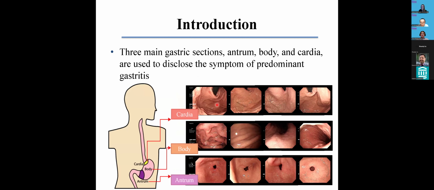Taking a closer look at these 3 parts, you can see that the capture direction of the camera will be different. That is, the viewing angle will be different for different patients, especially in the body part. You can see different kinds of body parts shown in these images, and also different kinds of entrance parts.